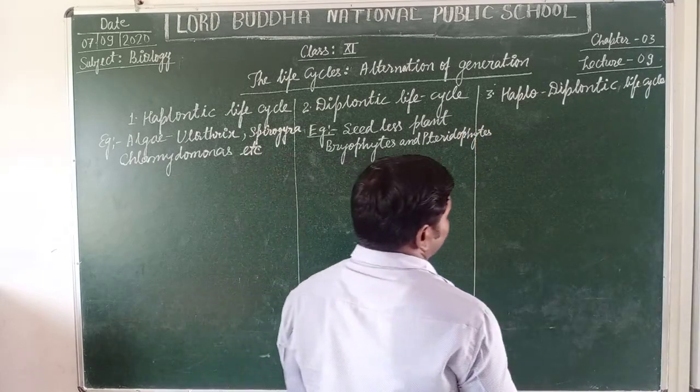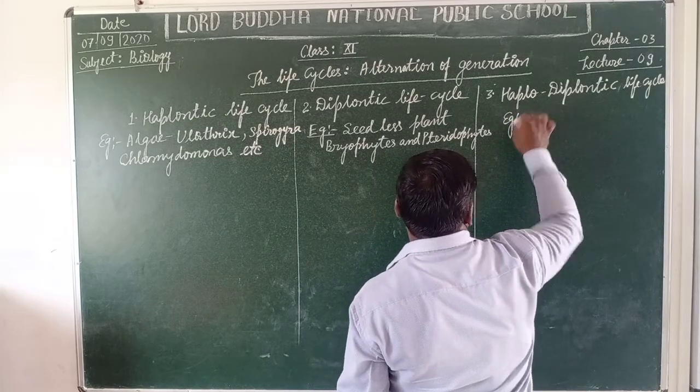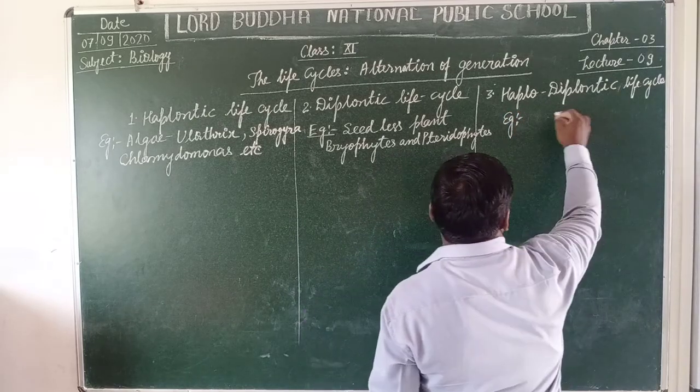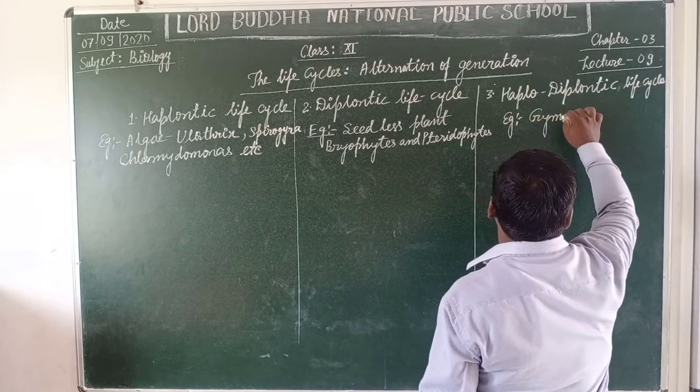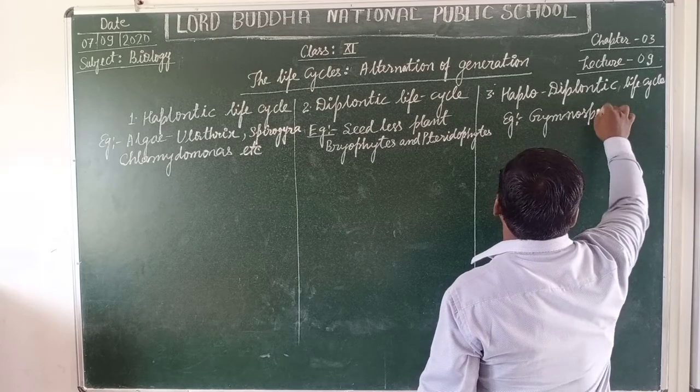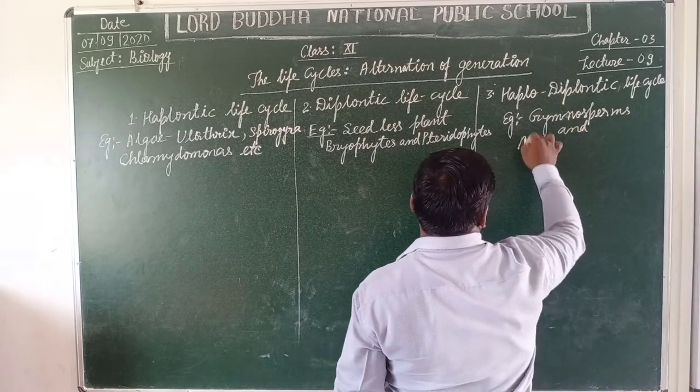Whereas the haplodiplontic life cycle is found in the developed type of plants such as gymnosperms and angiosperms.